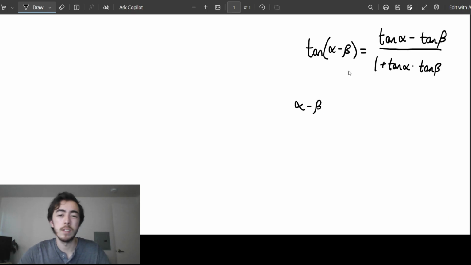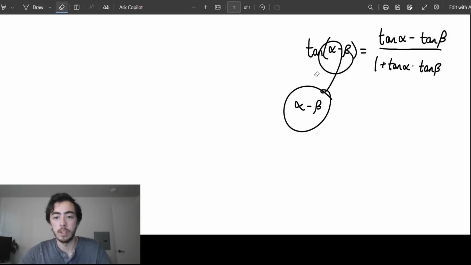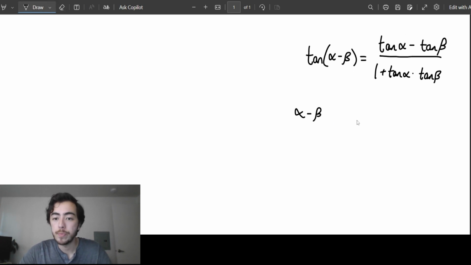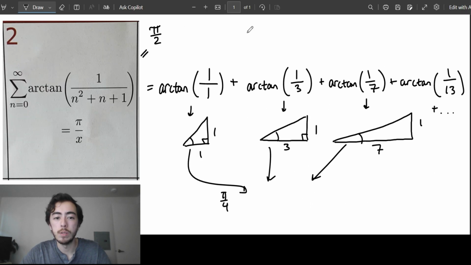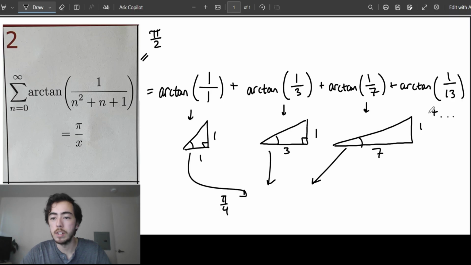I'm using Greek letters because it's kind of standard to use Greek letters for angles, and angles are the input for trig functions. And on the right side, I do just get arctangent of this whole fraction. But I want to introduce some kind of arctangent on here.